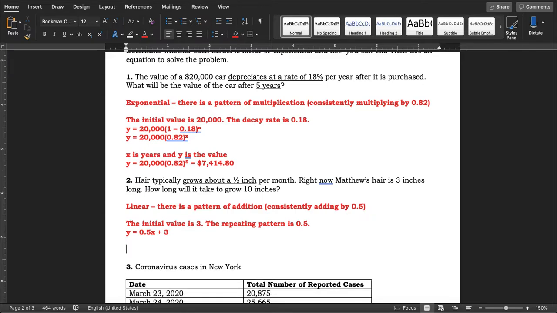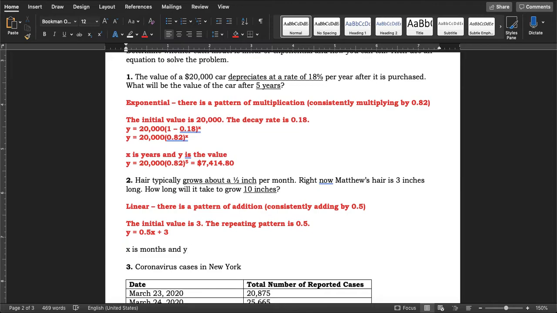Here, to identify where to substitute 10 inches, again, I should think about what x and y represent. X is my input. That's, in this case, how much time is passing. So what I'm putting into the equation to perform these calculations. Here, my time is expressed in months. So x is the number of months that are passing. Y is my output, what's coming out of the equation.